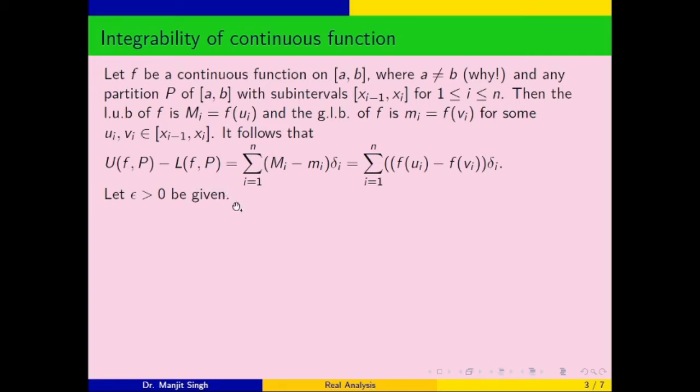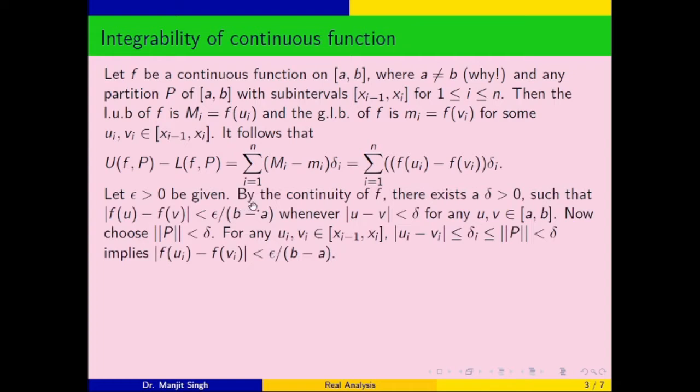Let epsilon greater than 0 be given. By the continuity of f, there exists a delta greater than 0 such that the difference f(u) minus f(v) will be less than epsilon upon b minus a whenever |u minus v| is less than delta, for any u, v belonging to [a, b].